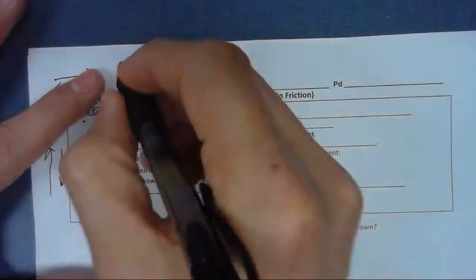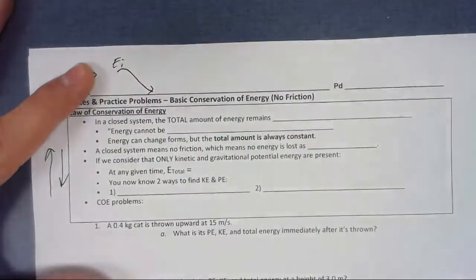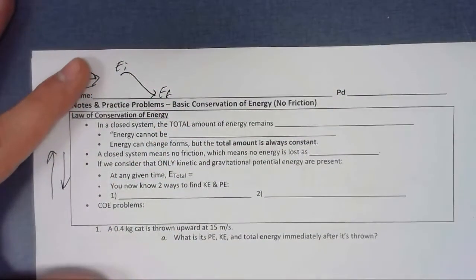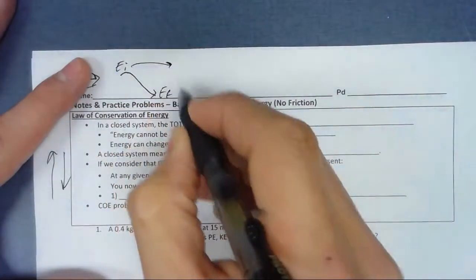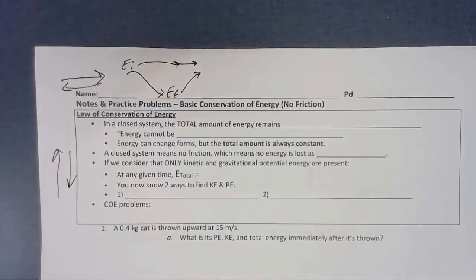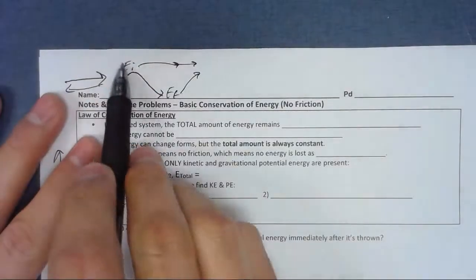And in those pictures, we also need to label EI, which stands for initial energy, and EF, which stands for final energy. With the work-energy theorem, the reason we needed to know EI and EF is because we had to decide what type of energy was present in the system, according to the problem we were reading, at those two locations.